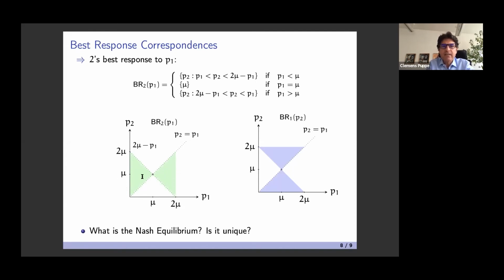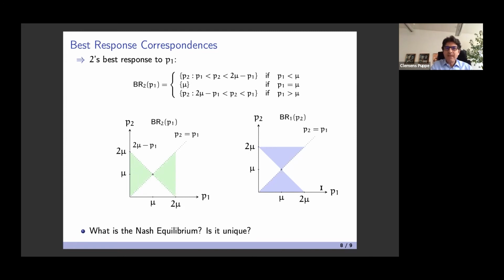Graphically, this looks like this. So in other words, my optimal behavior, given what the other does, is in this green region where P1 is fixed and P2 is simply this green region for each fixed P1, okay?